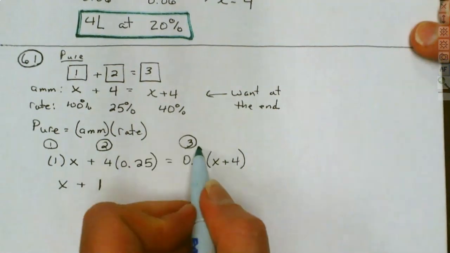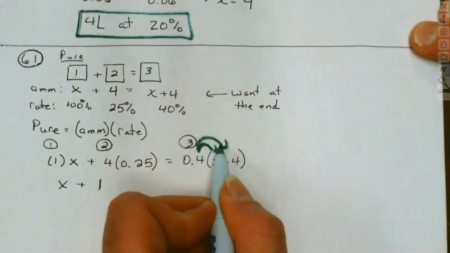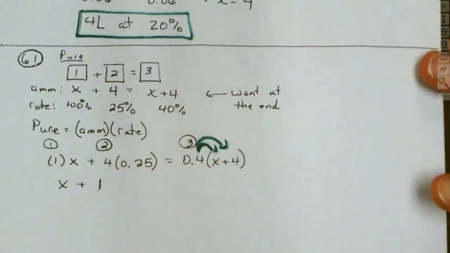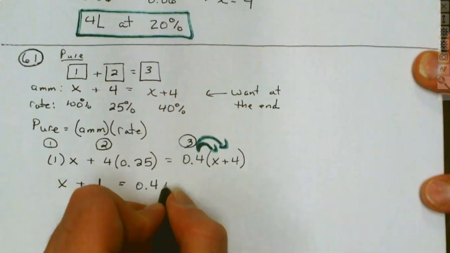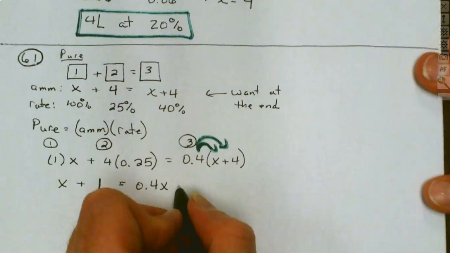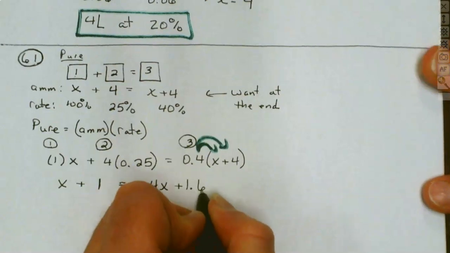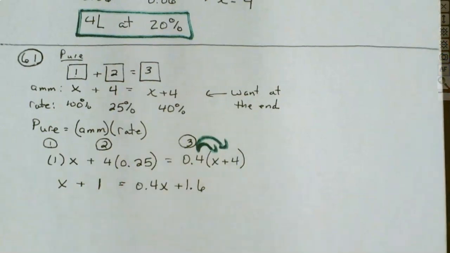We'll distribute through that 0.4. And when we distribute through, that gives you 0.4x plus 1.6 there. Is everyone okay with what we've got so far?